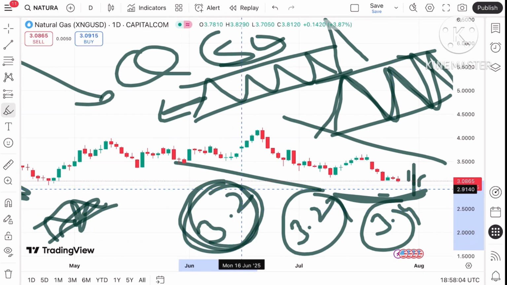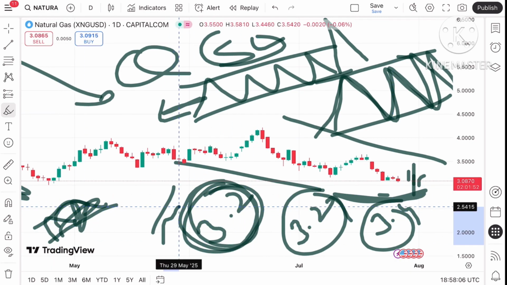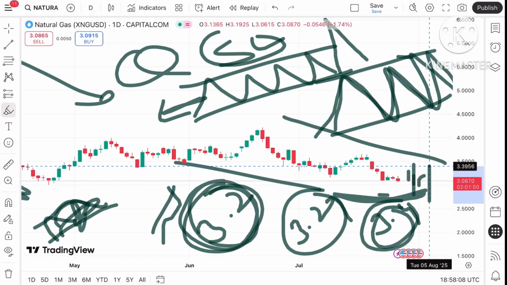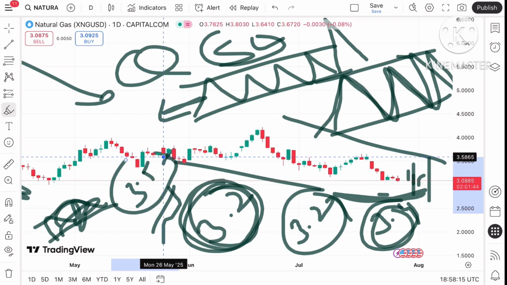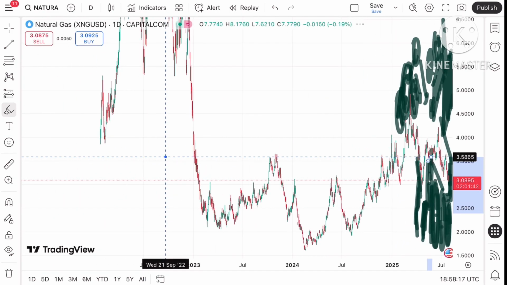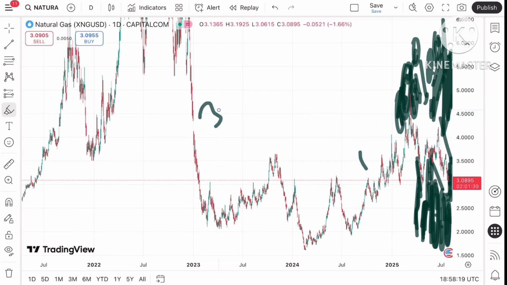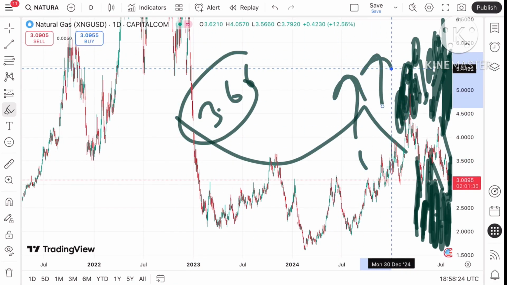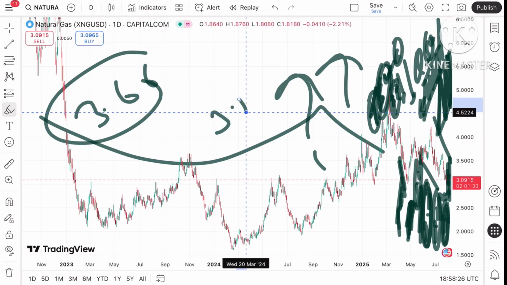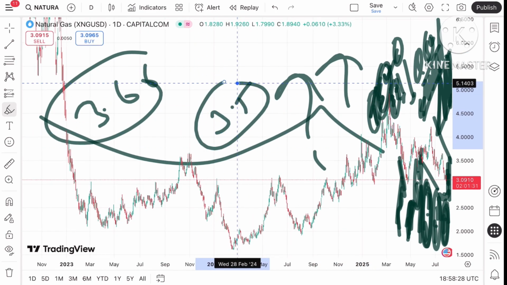So when it starts sustaining 3.2, it can move further upside and touch $3.4, and if the price moves over this level, it can touch 3.48 to 3.57, and if that sustains, the price can rise further, and if you look at this trend, it can touch 3.66, and when it sustains above that level, we can see a further upside. So if the price sustains above 3.5, I'll make another video explaining where it can go.